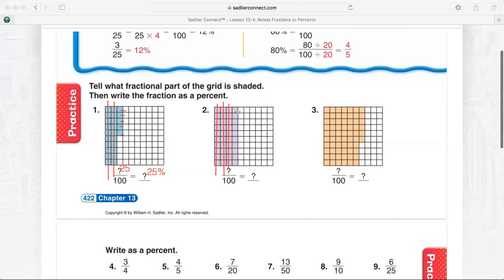Excellent. So my answer here will be 40 over 100. So can I change it easily to percent? It will be 40% easily. Why? Because I have here 100 in the denominator.